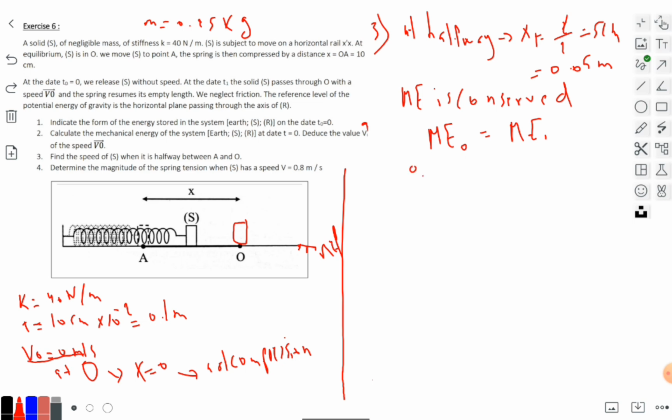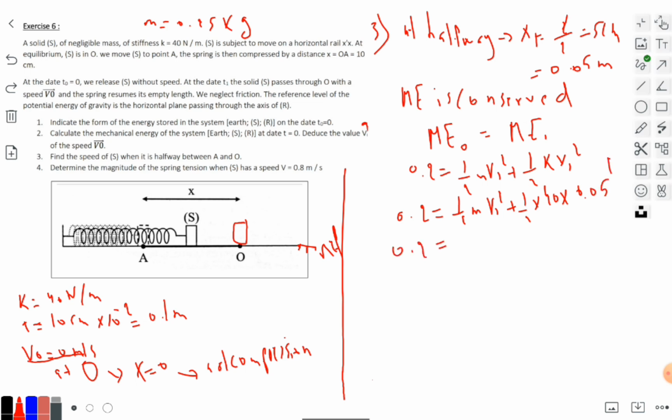The mechanical energy is equal to 0.2 equal half m v1 square plus half k x1 square. So 0.2 equal half times 0.25 times v1 square plus half times 40 times 0.05 square.